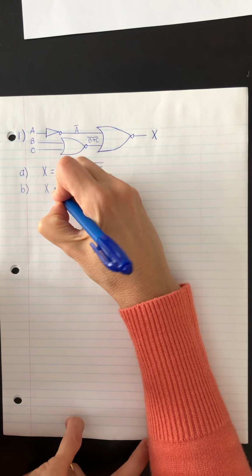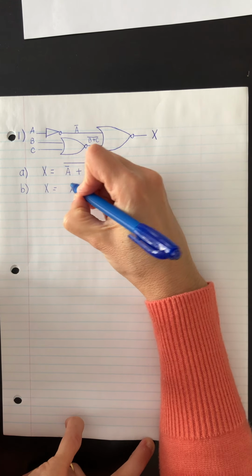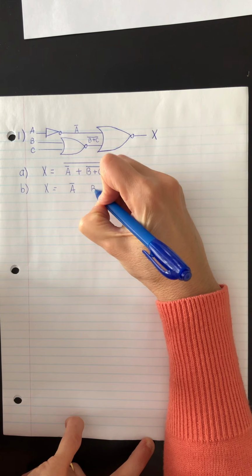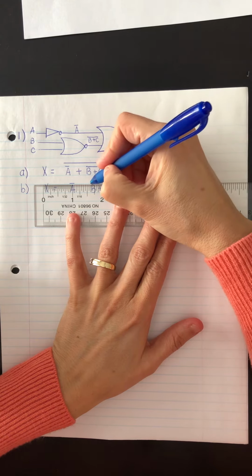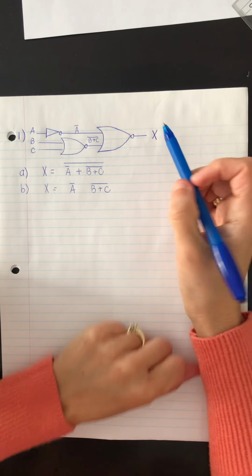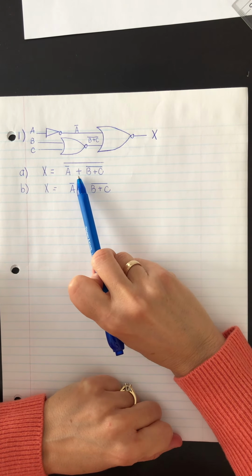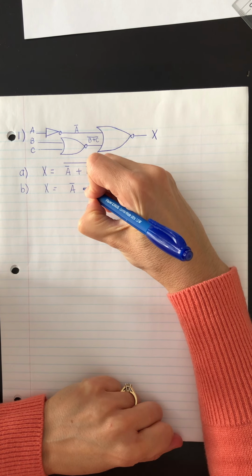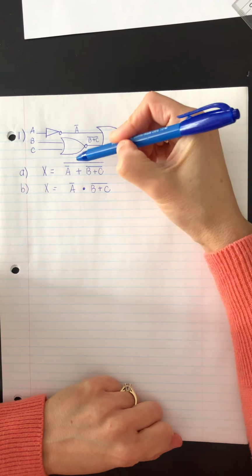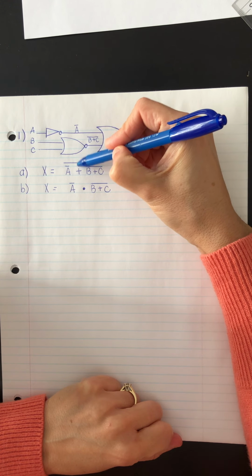So in this case, here's what we had originally. To the left and to the right of this operation, the operation changes to multiplication, and that's where the bar breaks.